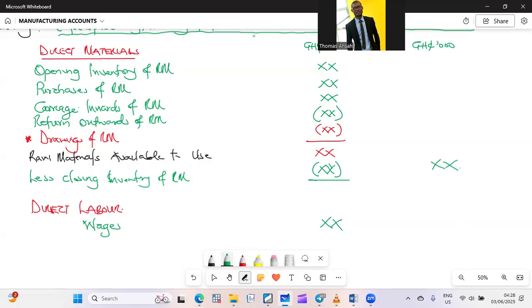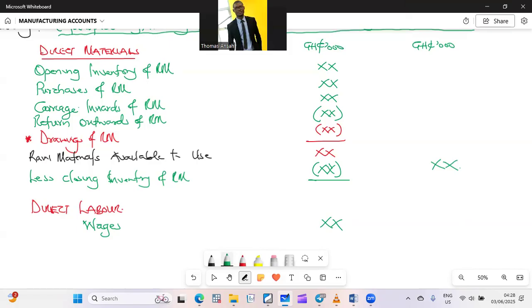Then we move to another one, the direct expenses. But let me get you some additional examples of direct labor so that when it comes, you will be able to know that it is direct labor. So we have something like the wages of machine operators, but when wages is standing on its own, please make it direct, right? Wages of machine operators, those guys who operate the machine. Wages of assembly line workers.